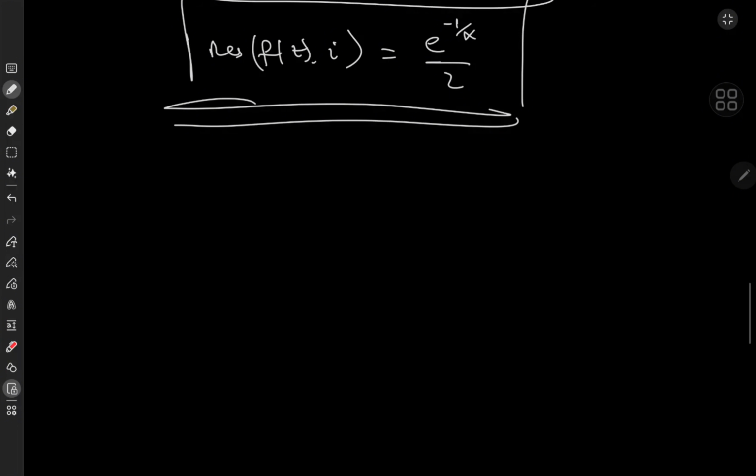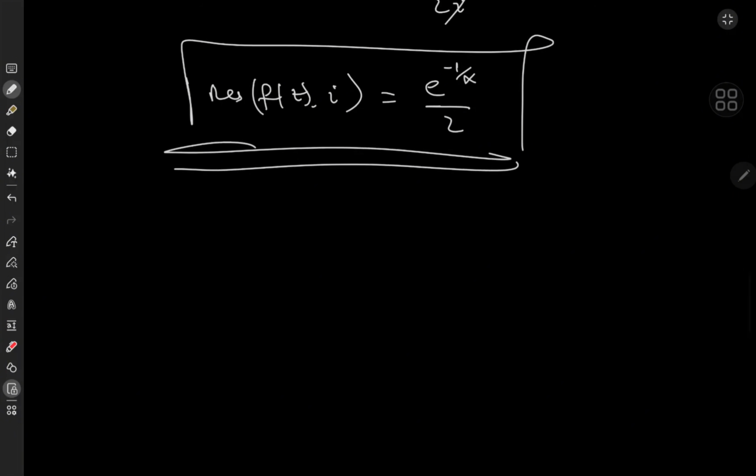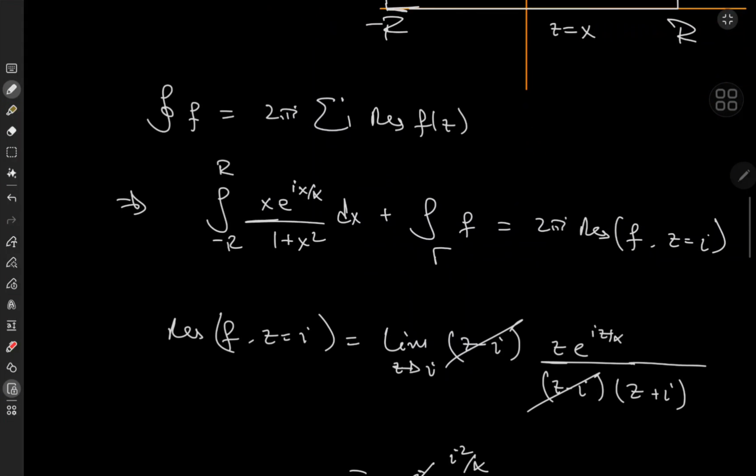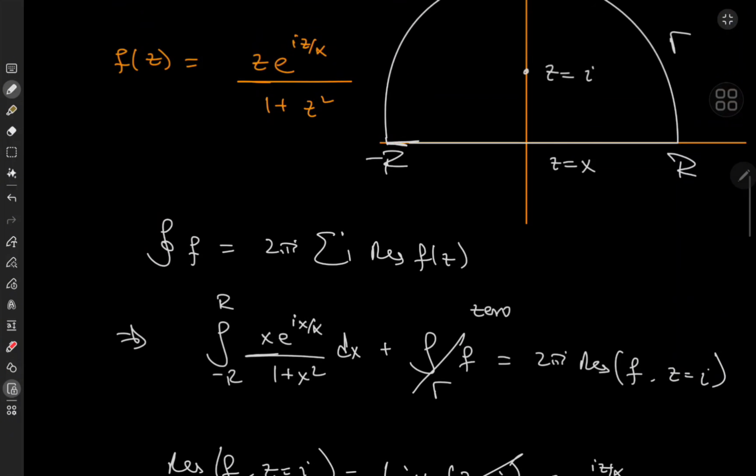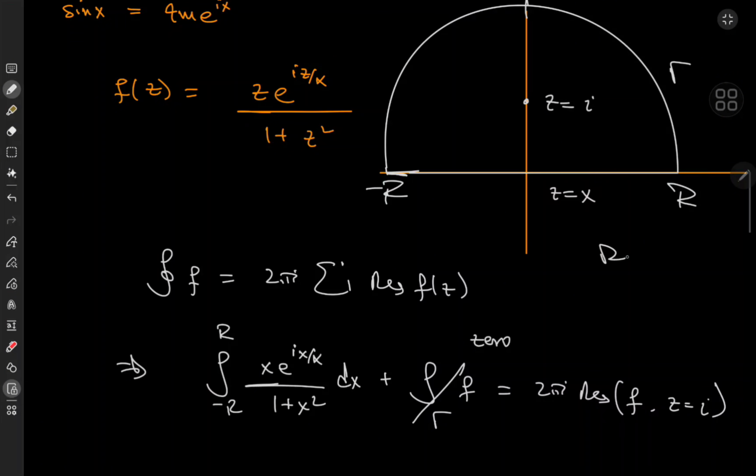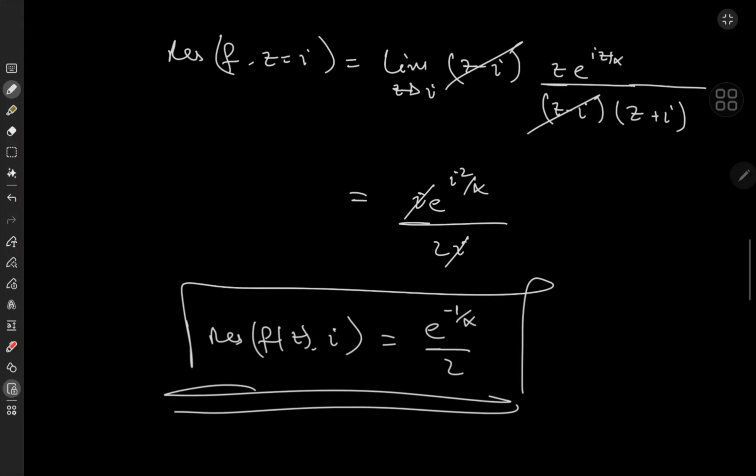And it can be shown via Jordan's lemma that the integral over gamma in the limit as r tends to infinity does crash to 0. Terribly sorry about that. I've forgotten completely how to write 0. And I should mention that we are interested in r tending to infinity. Okay, cool.